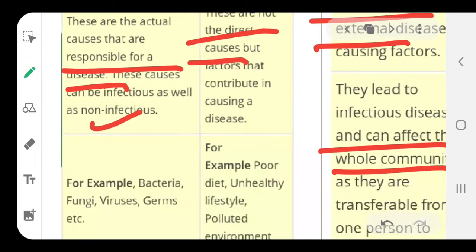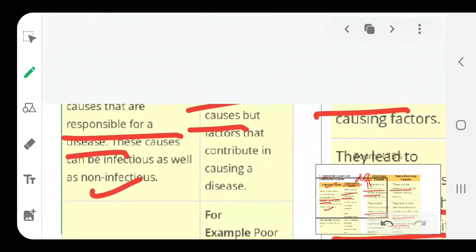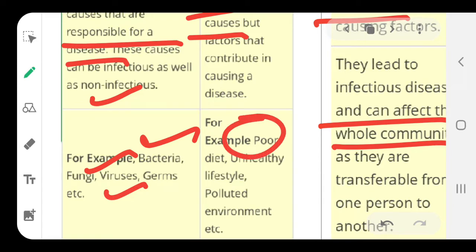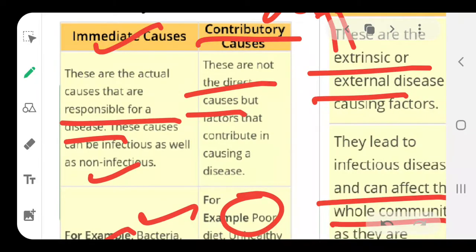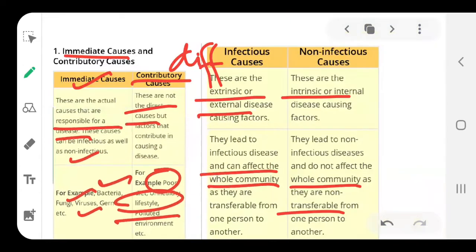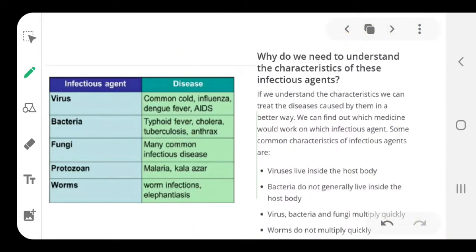As examples of immediate causes, we have all these pathogenic organisms, microbes, so bacteria, fungi, virus and all these things. For the other aspect, diet is the main option. If you have a poor diet, the body will give you different problems, and that is a contributory cause. Then of course, your lifestyle and the polluted environment also act as contributory causes.